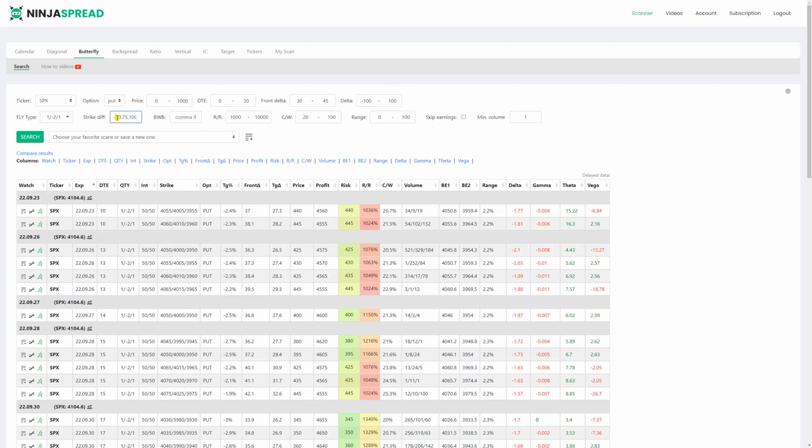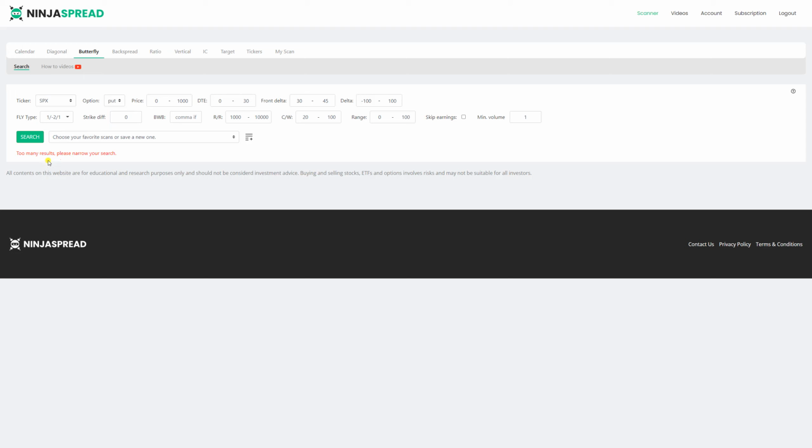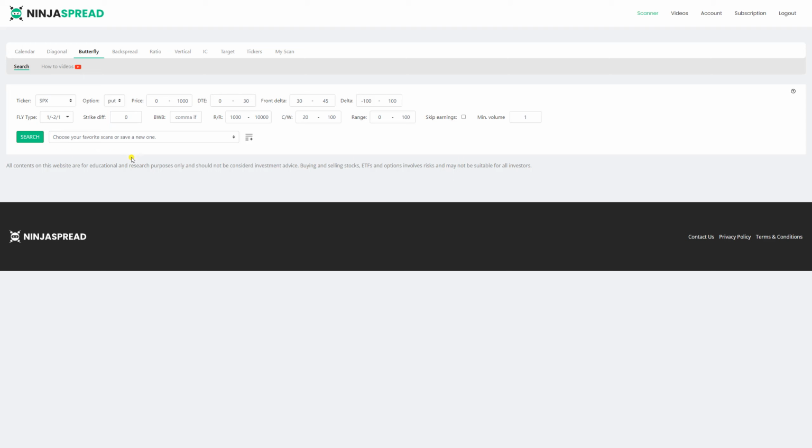And here you can see all the different strike combinations. And what if I don't know the right strike combination? Then I can look for all the combinations using 0 again. It says too many results, please narrow your search. It's because in SPX there are so many strikes that with searching with 0 combination, it can give you too many results.